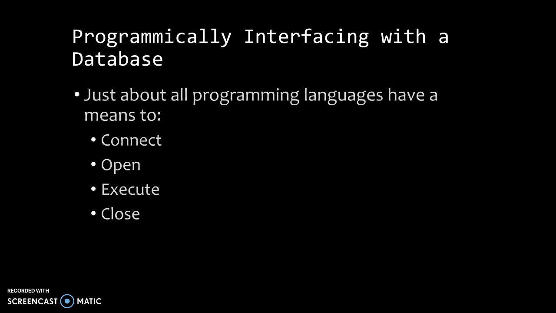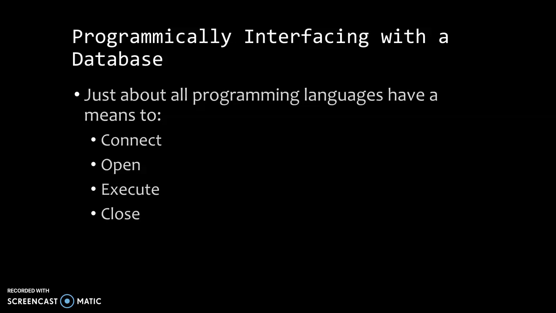What's kind of cool in today's programming languages is that just about every programming language now has the ability to help us connect, open, execute, and close from a database. Meaning we don't have to do too much. When we learn a new language, we've got to ask that language, how do you connect, open, execute, and close in your language?